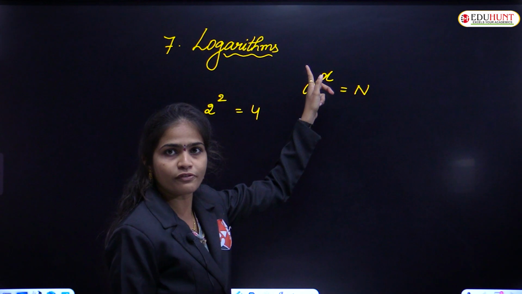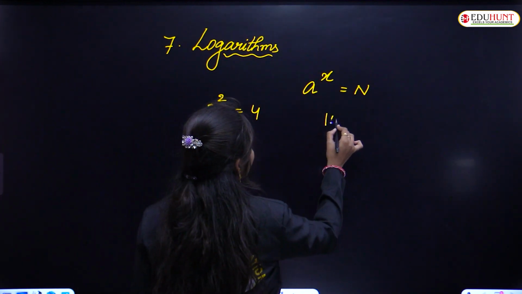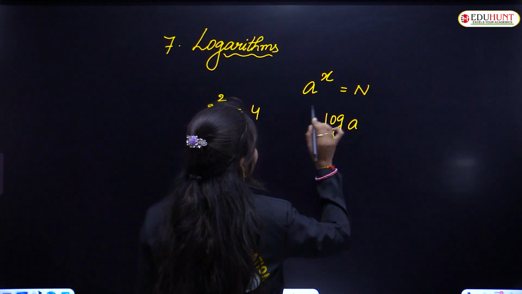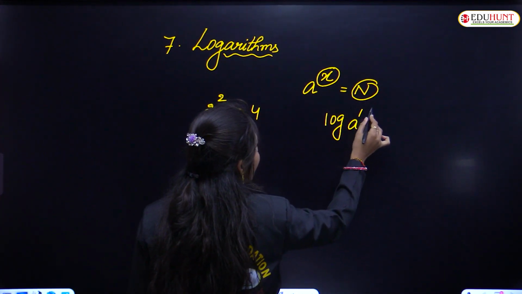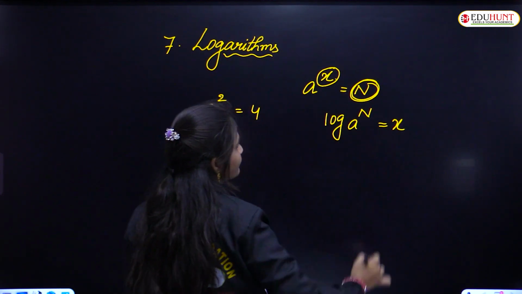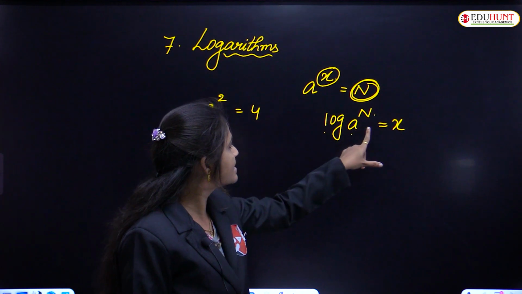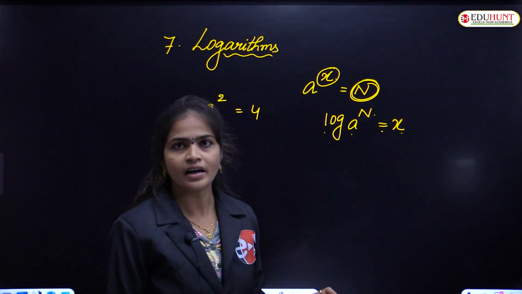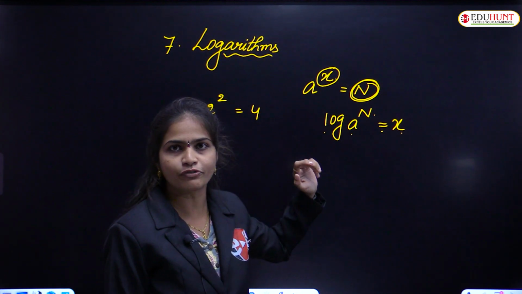This is the exponential form. Converting it into logarithm form, the base is a, and at the place of x we write n, and at the place of n we write x. We read this as log n to the base a is equal to x. So every exponential form can be converted into logarithmic form.